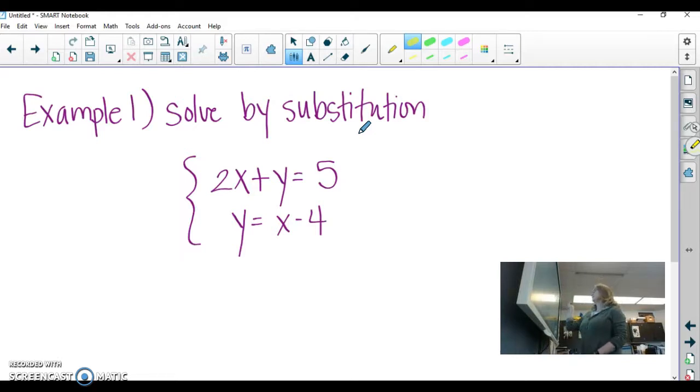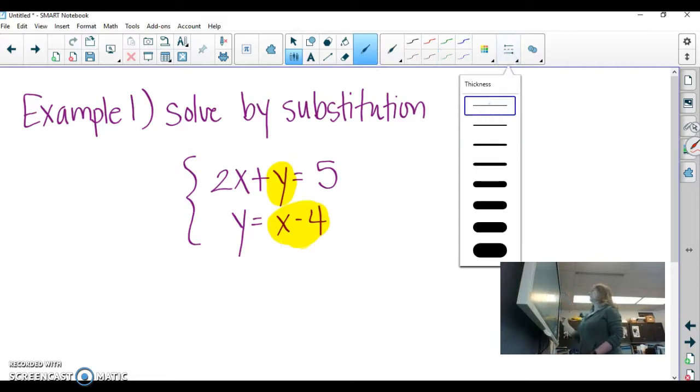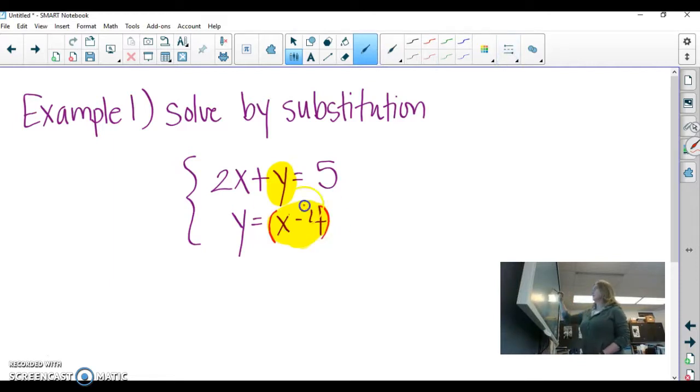So here's what we're going to do. In the second equation, we have this fact that y is equal to x minus 4. So I'm going to take that x minus 4 and substitute it in for y in the first equation. This is why it's called the substitution method. We're going to substitute this expression for that y in equation 1.